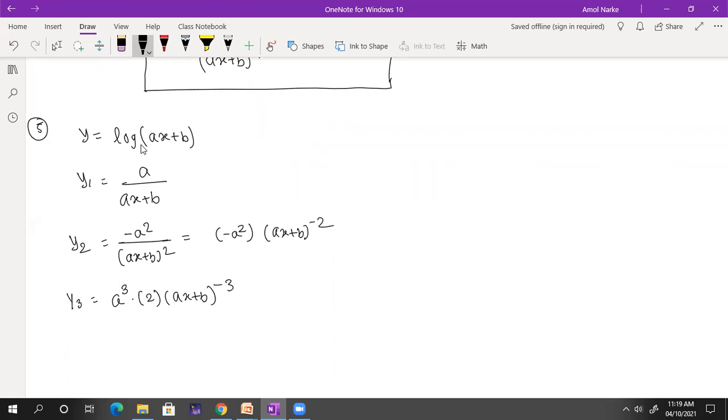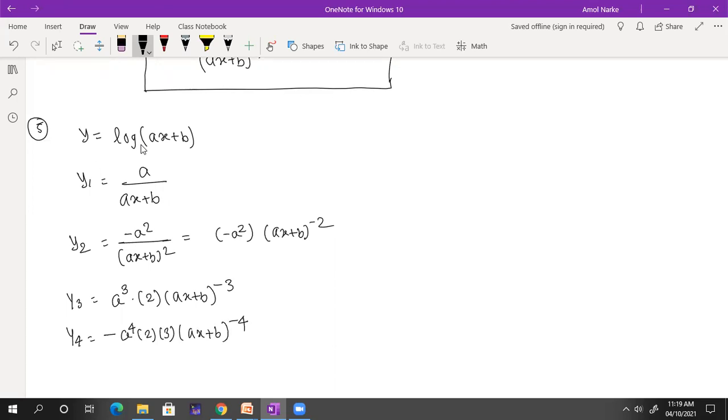Am I correct? Yes, sir. Can someone tell me what is y4? Minus a raised to 4 into 2 into 3 into ax plus b raised to minus 4. Yes or no?